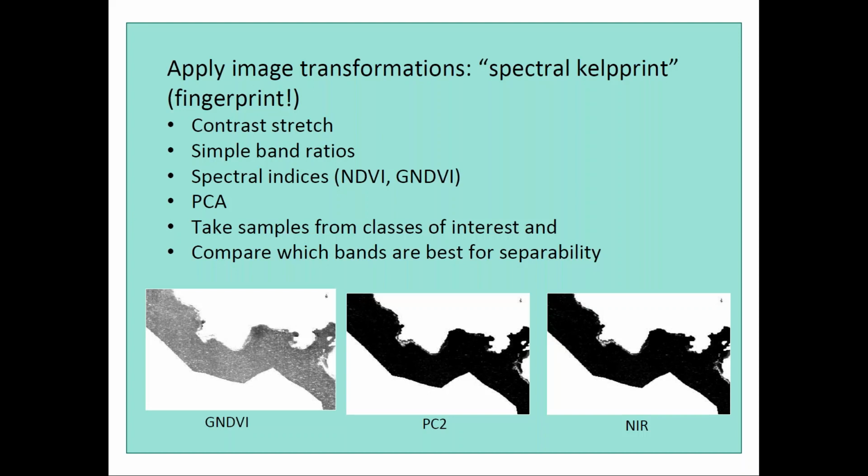We work with principal component analysis as well. And then after that, Sarah did a strong statistical analysis using different statistical indices to define which are the best spectral Kelp print that characterize Kelp effectively. And I'm just listing some of this here: the GNDVI, the principal component 2, and the near infrared band by itself. Next slide, please.